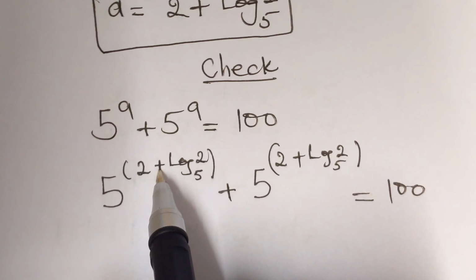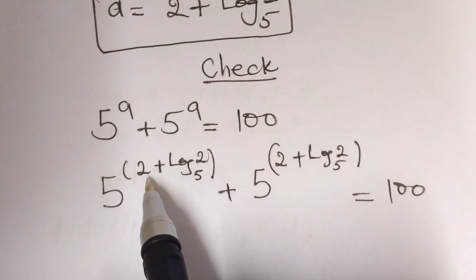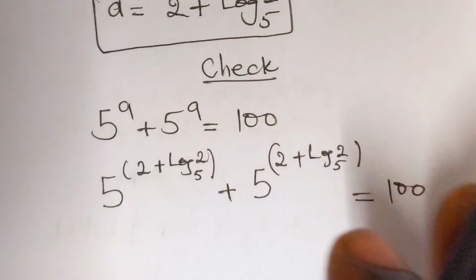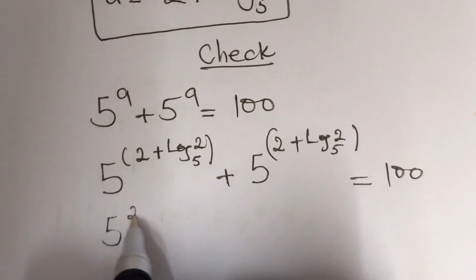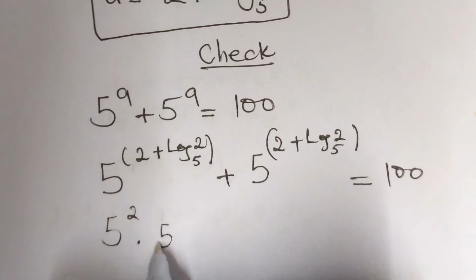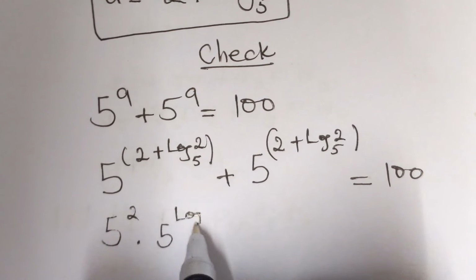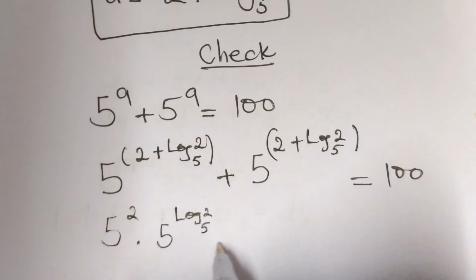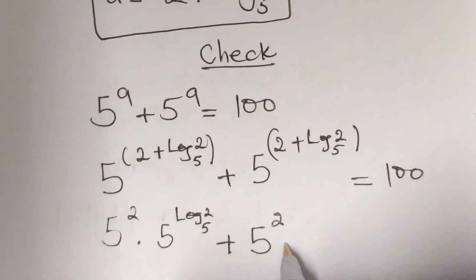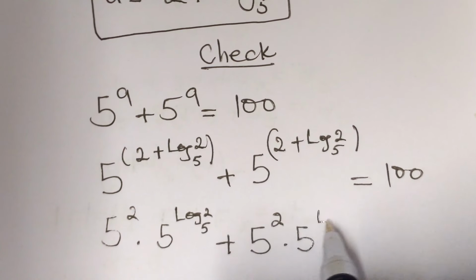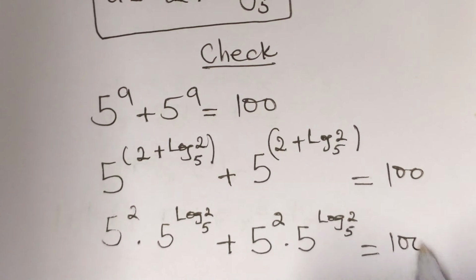When you have this addition as power, it means that you have multiplication, so we shall say 5 squared times 5 power logarithm of 2 to the base 5, plus 5 squared times 5 power logarithm of 2 to the base 5, equals to 100.